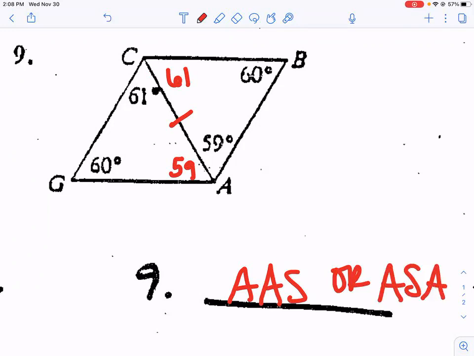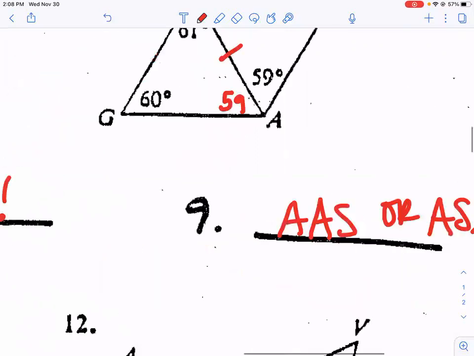It could be either one. People, it could be either one. AAS or ASA. Now, what if they didn't share a side and we only had 3 angles congruent to 3 angles? We would be sad with no congruent triangles.